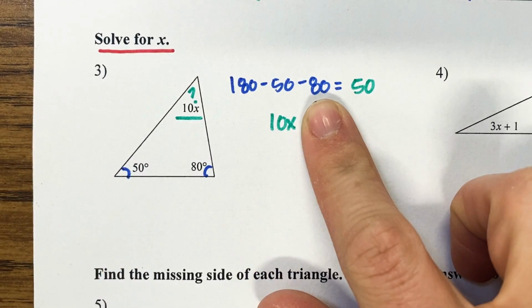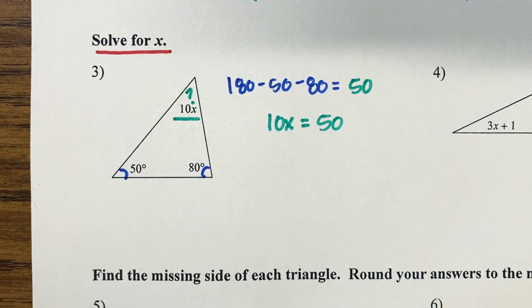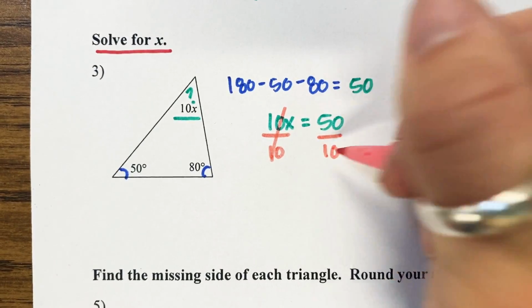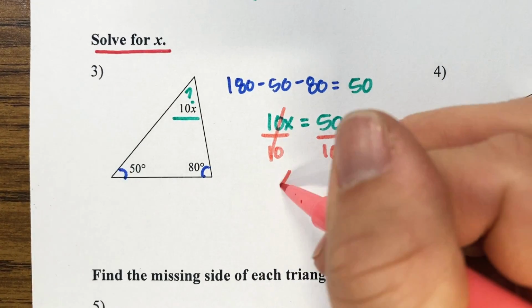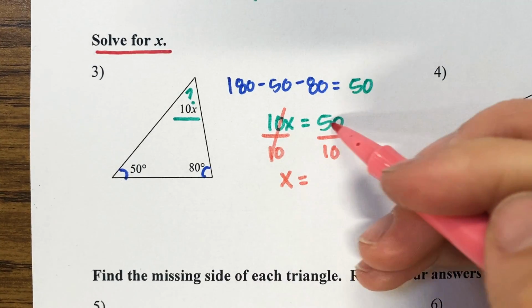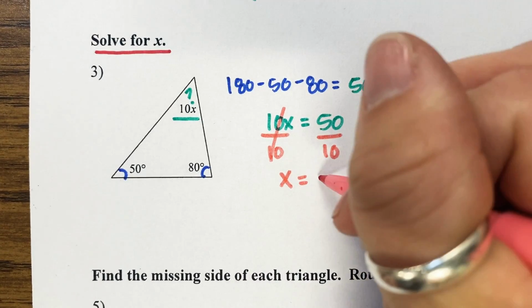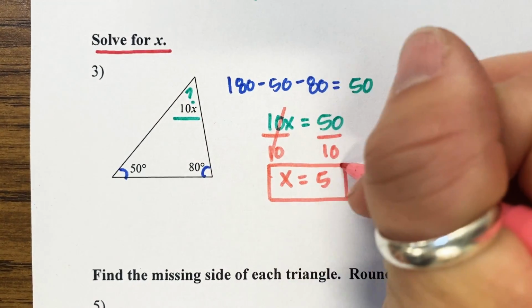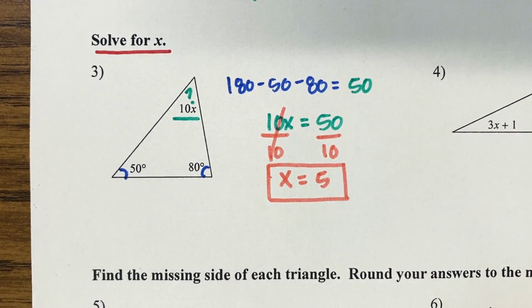What is the opposite of times by 10? You're going to divide by 10. That gets rid of it on this side, meaning all I have left is my x. 50 divided by 10 is going to give me 5. So we found our x equals 5.